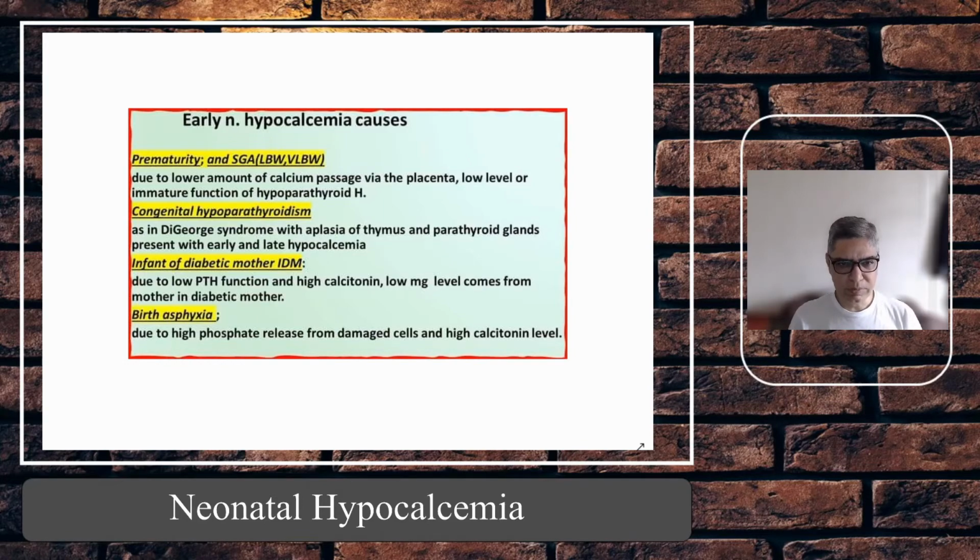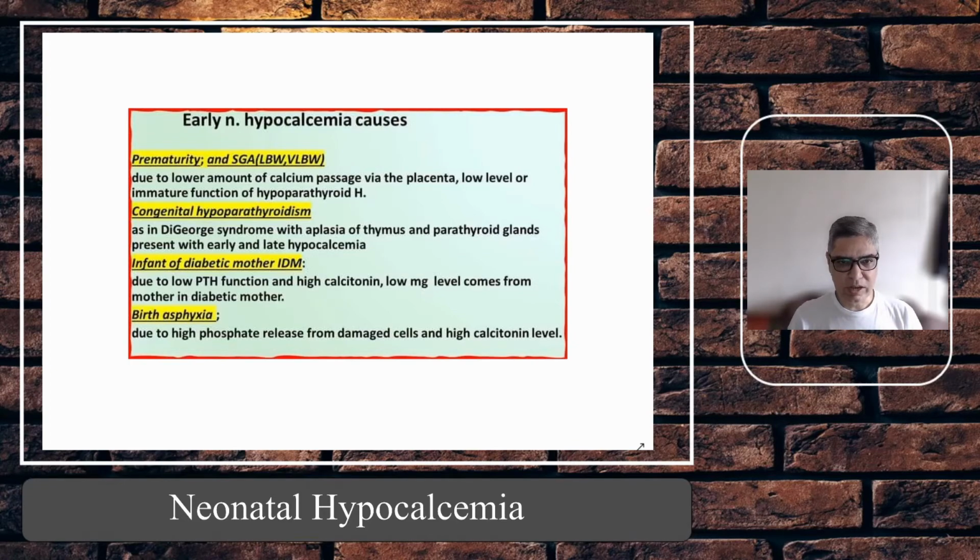The other reason could be congenital hypoparathyroidism, and you should suspect this if the neonate has dysmorphic features, or if the chest x-ray shows a narrow mediastinum, which means absence of the thymus. These babies have a lot of predisposition to different types of infections, and they would definitely have dysmorphic features.